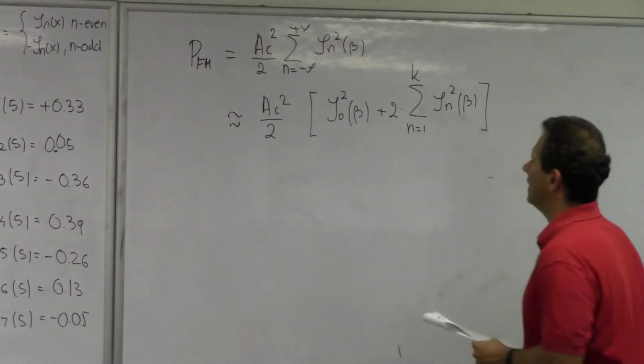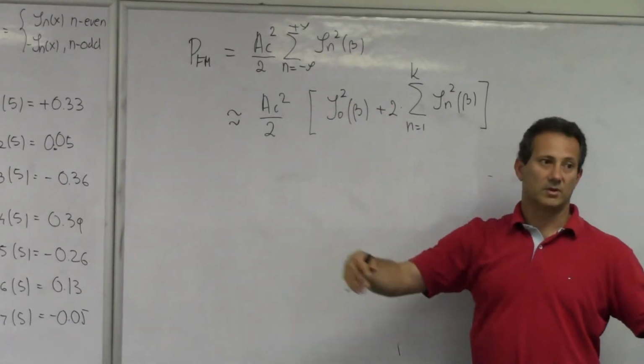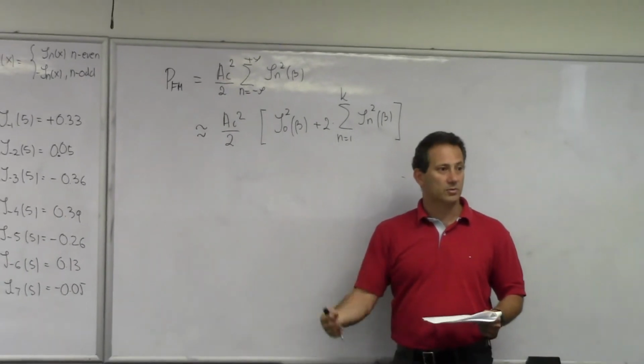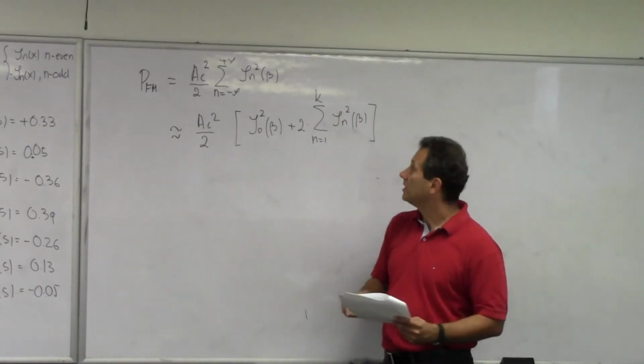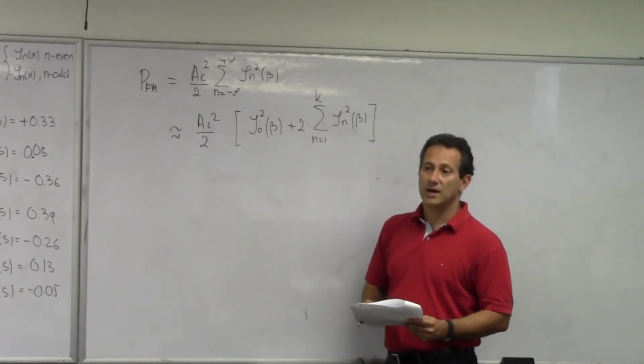In other words, I'm going to truncate this series at some point k, and I'm going to say above k, the components give a negligible contribution to the overall signal power. And the question here is how large this k needs to be so that you capture 99% of the power.